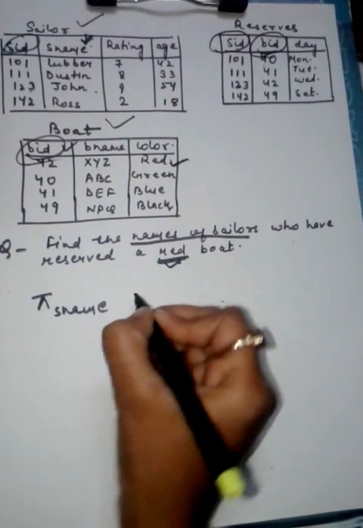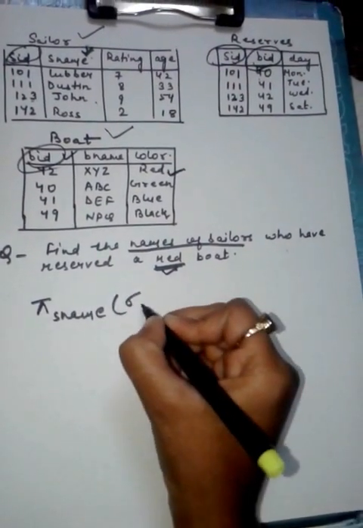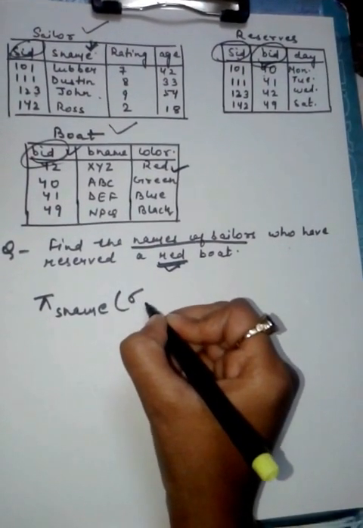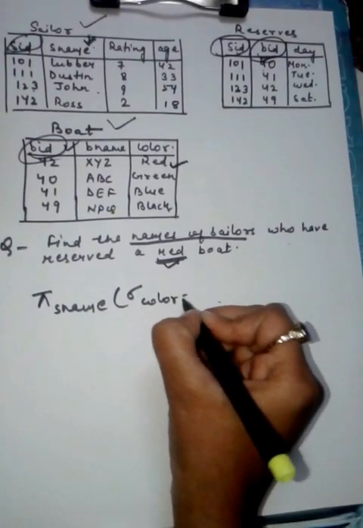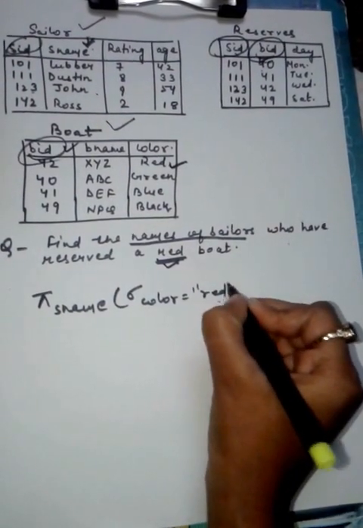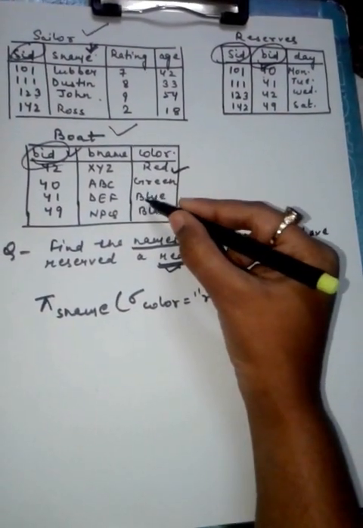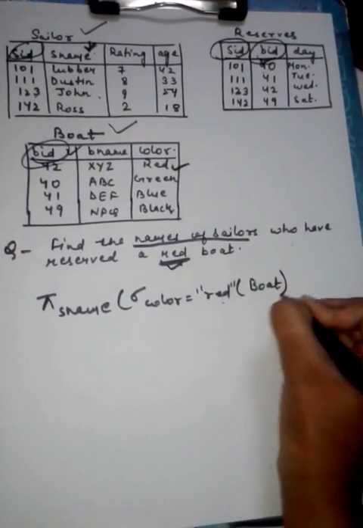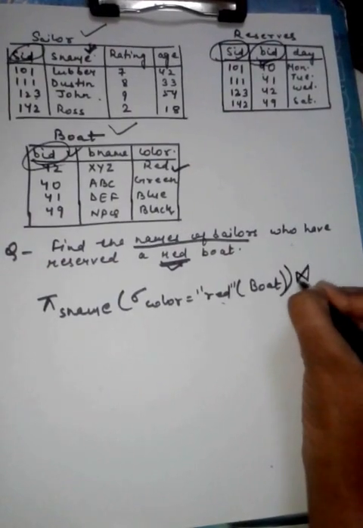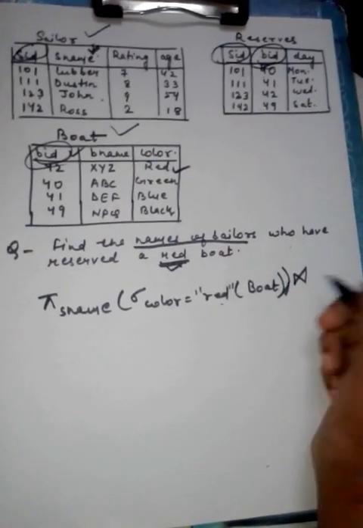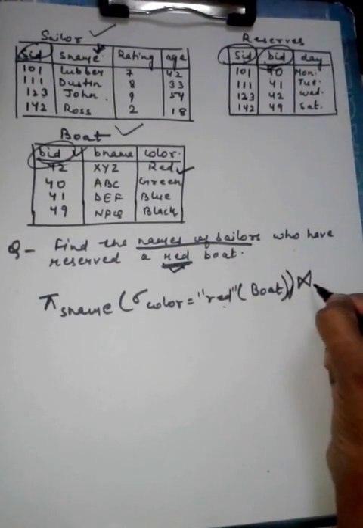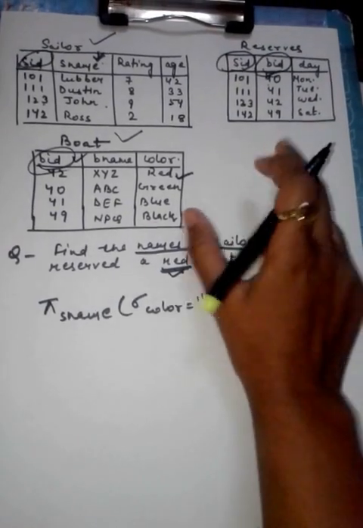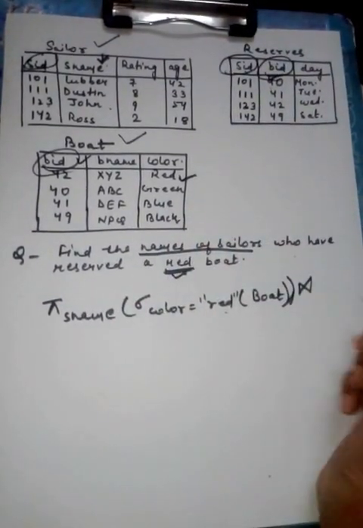Project seller name, and what do we have to select? We have to select color is equal to red, from the boat table. Then finally we close the bracket and set the relationship among these three tables using the natural join operation.